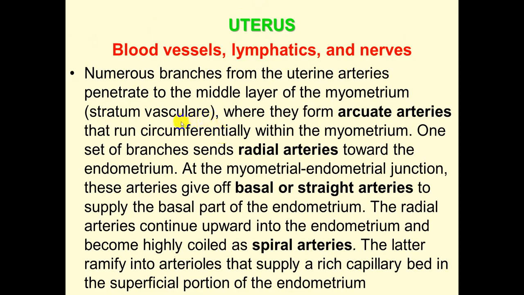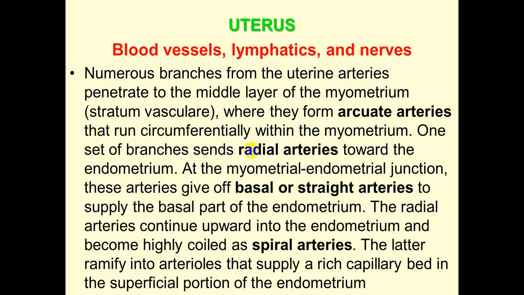Now about vascularization of the uterus. The uterus is very rich in vascularization. So arcuate arteries come to the myometrium and run circumferentially within the myometrium. They send 2 branches.